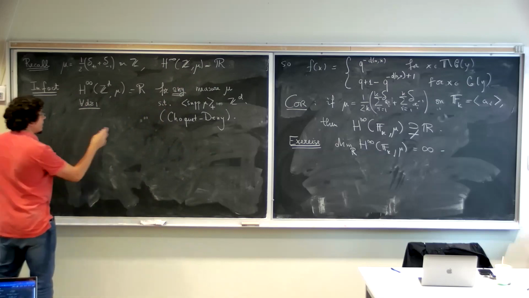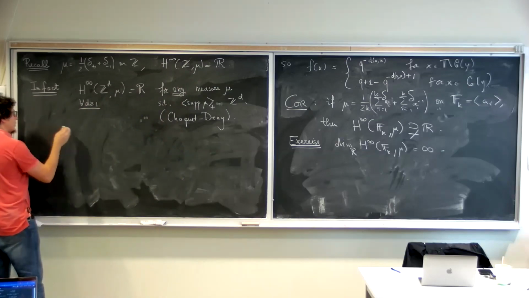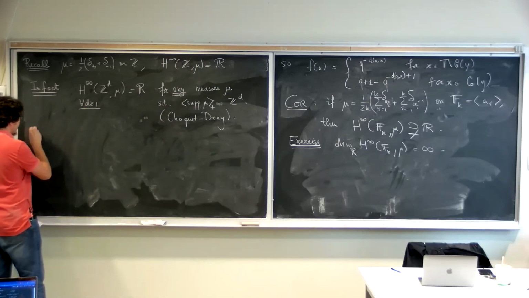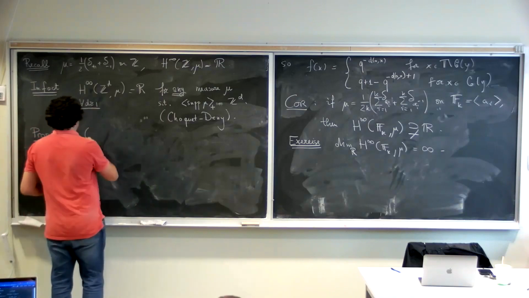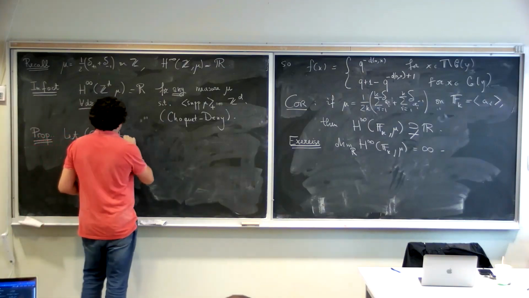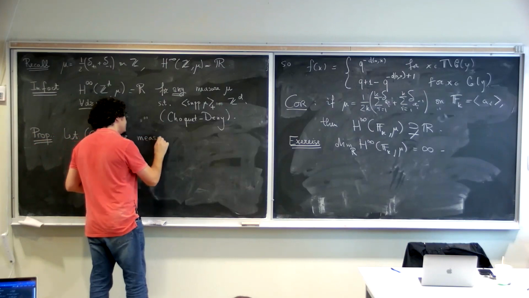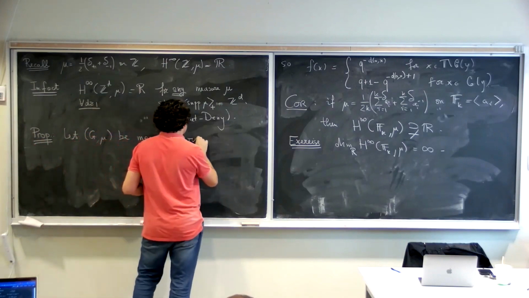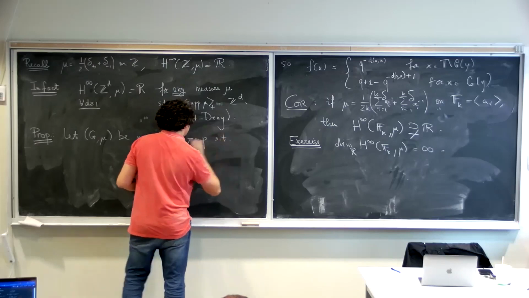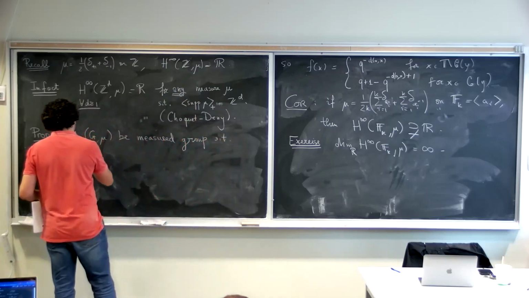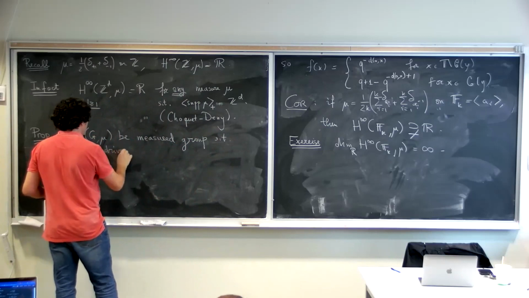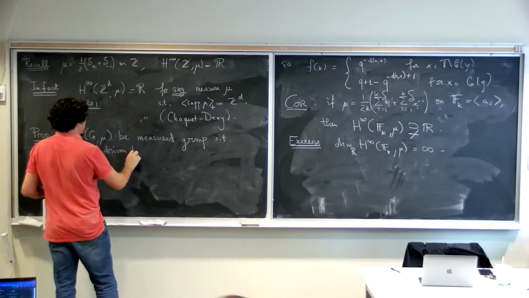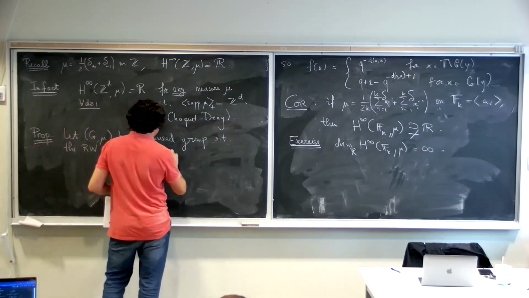Let me first state a proposition. Suppose G, mu is a measured group such that the corresponding random walk driven by mu is recurrent.